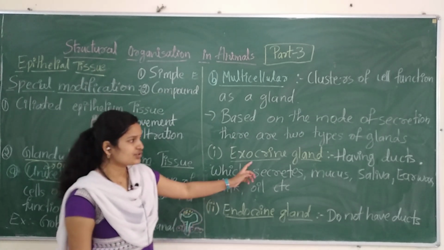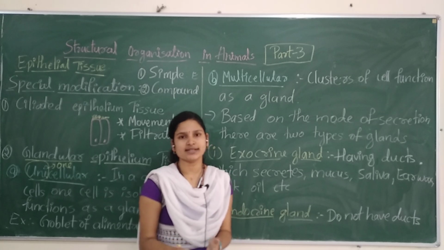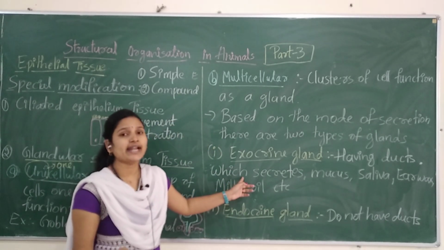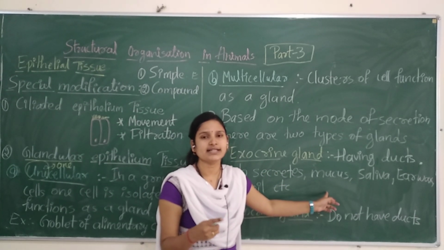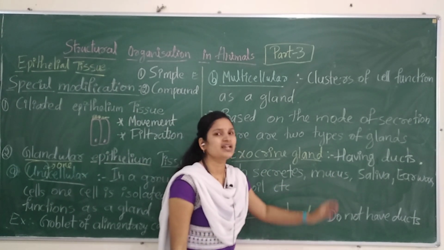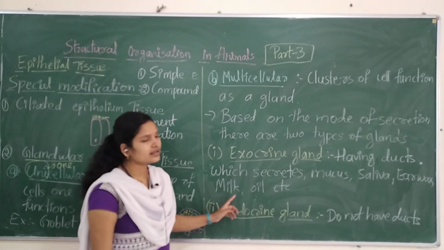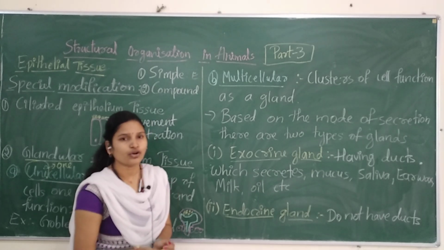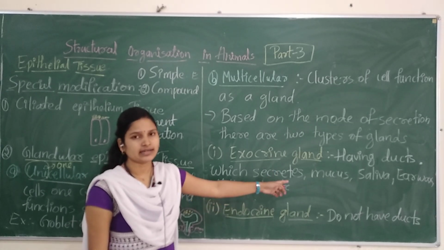So exocrine glands are those which have ducts, and those glands secrete mucus, saliva, earwax, milk, oil, and also your sweat glands.